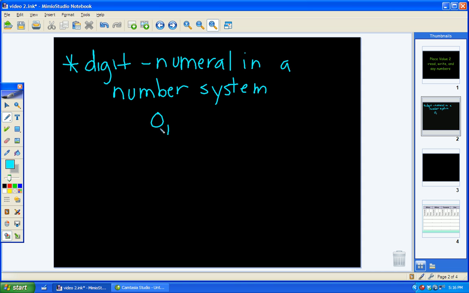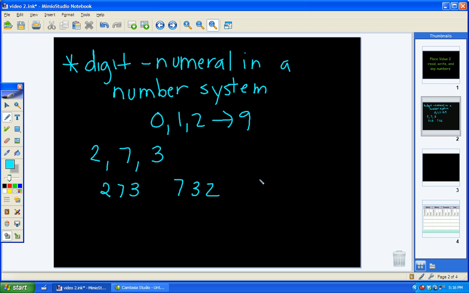So 0 all the way through 9 are used, we combine them in order to make our numbers. So if I have the digits 2, 7, and 3, I can combine them to make a variety of actual numbers. I can make 273, I can make 732, I can make 327, and so on.